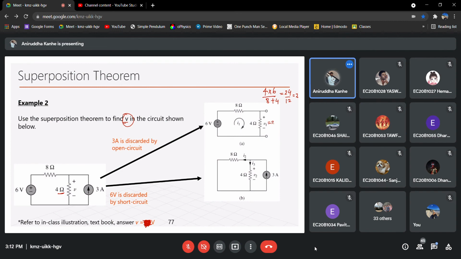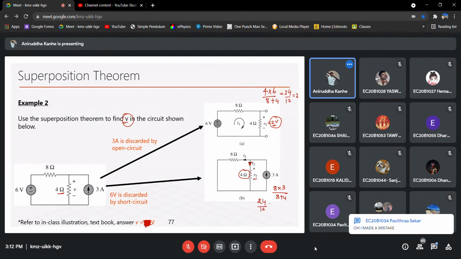So this is 2 volts. What about this case? If you find the current through this branch and multiply with this: 8 into 3 divided by 8 plus 4. So it comes out to be 24 divided by 12. So it is 2 amperes. Now 2 amperes into 4. So 2 into 4 is 8.